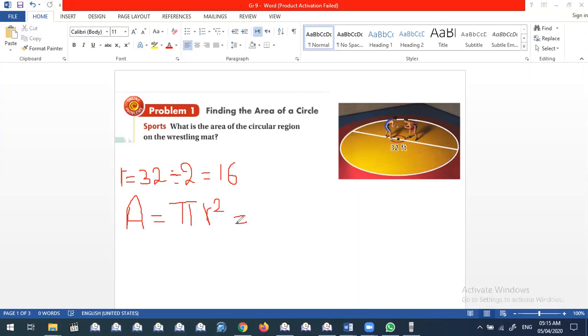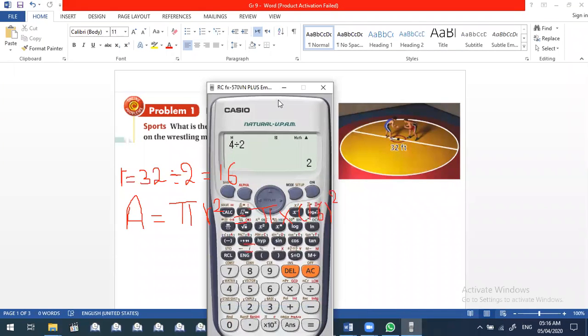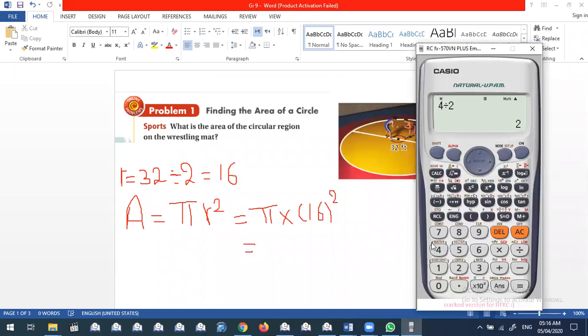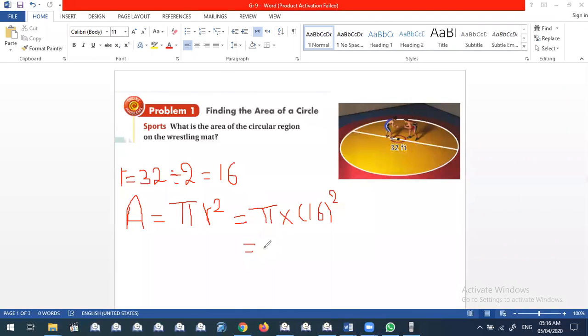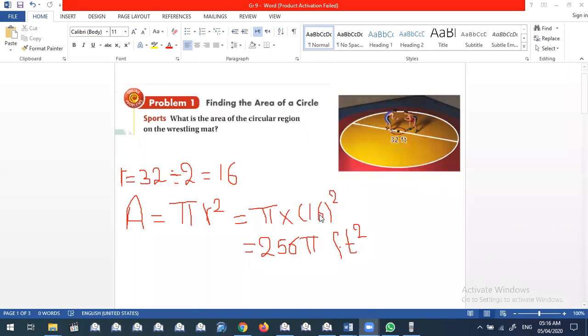So it will be pi, keep pi as that, times r squared. r is 16 to the power of 2. Let's find 16 to the power of 2 on our calculator. 256. So the answer is 256 pi, feet squared, or square feet.